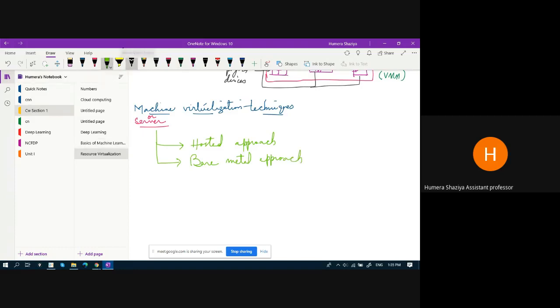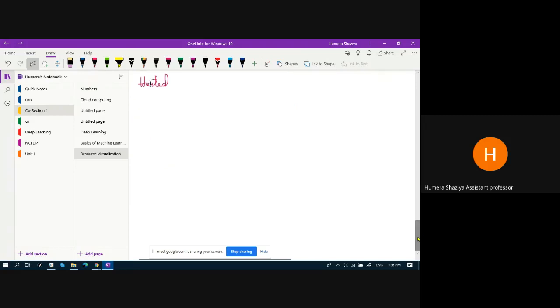Let us look at the first one, which is the hosted approach. You have physical computing resources.